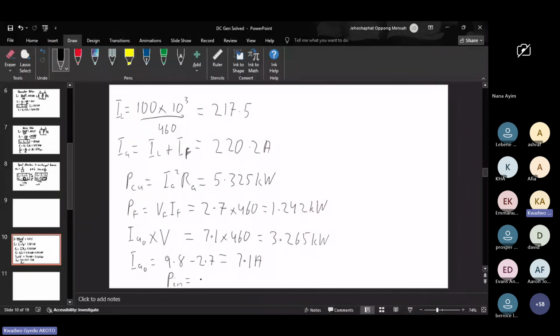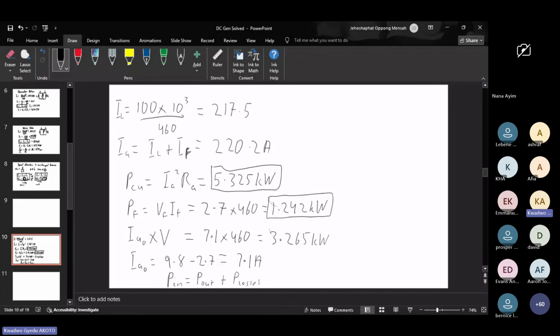And we know that our input power is equal to our output power plus all our losses, right? So we have losses here, and losses here.